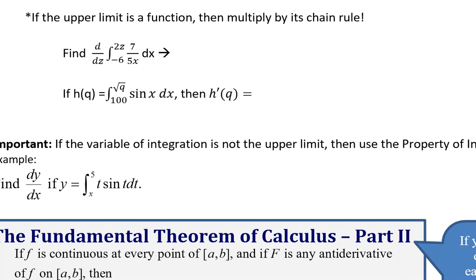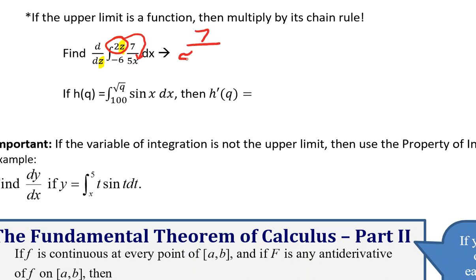And here, of course, is the part of calculus that we can easily forget every time. We're differentiating with respect to z, and our upper limit has a z in it, but it is not just z, it is 2z. So notice that this time our upper limit is going to have a chain rule. We still do the same process. We put our upper limit into the integrand.